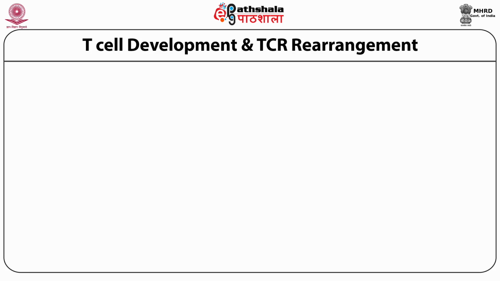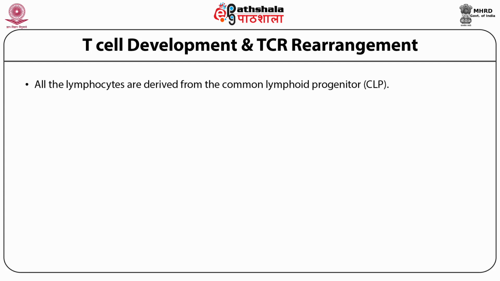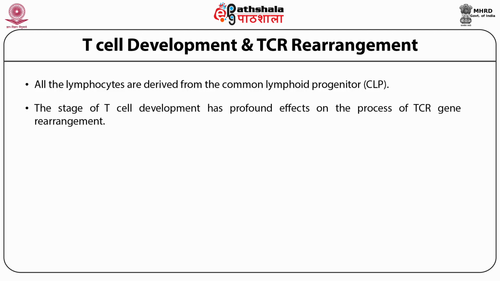We have already discussed that somatic recombination is a developmental stage-specific process. All the lymphocytes are derived from the common lymphoid progenitor or CLP. The development of T cells occurs in the thymus. The stage of T cell development has profound effects on the process of TCR gene rearrangement.